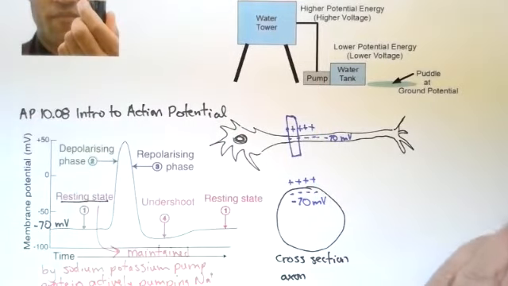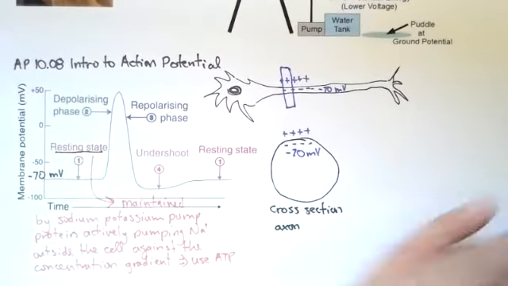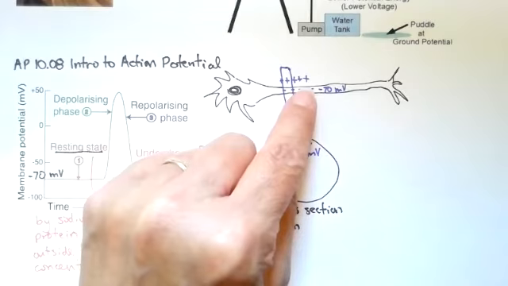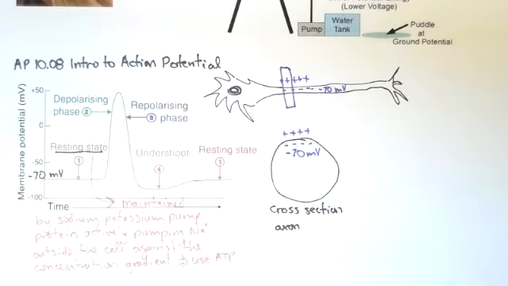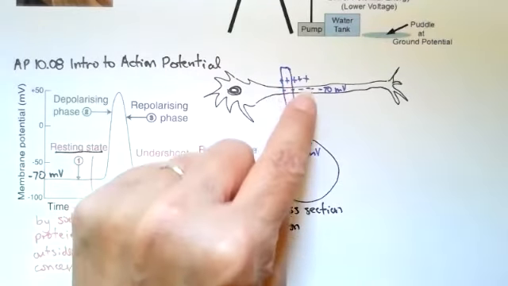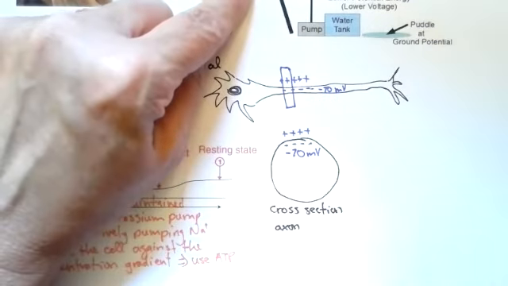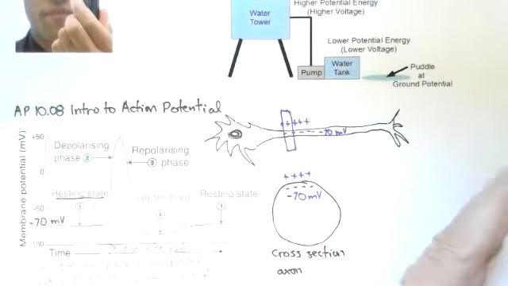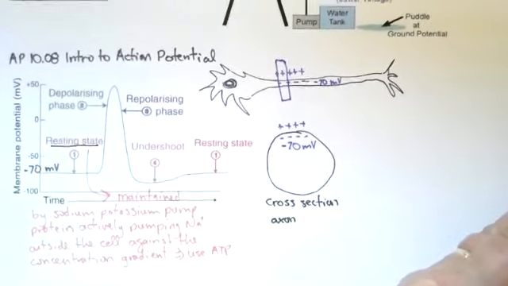In the same way, by pumping sodium ions out of the cell and creating this potential, if we open up a channel in this axon, all of a sudden, remember, it hates not having things equal. All of this charge is going to flow into the cell just like the water flows down to the ground. It's the exact same type of scenario, only we're using electrical charge instead of water.